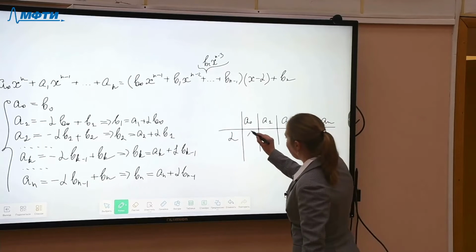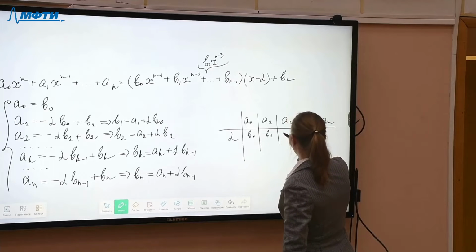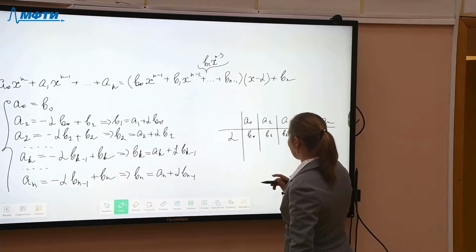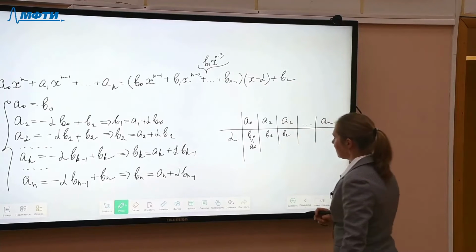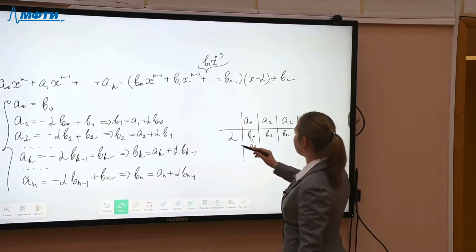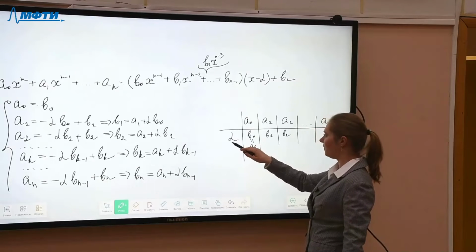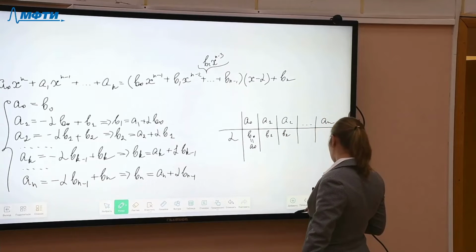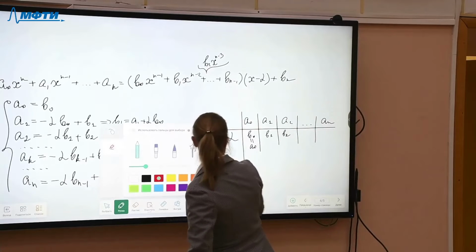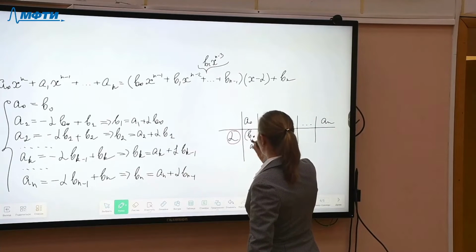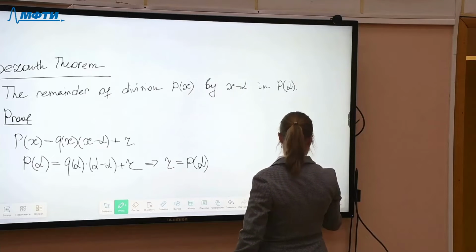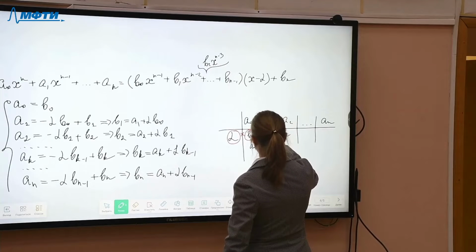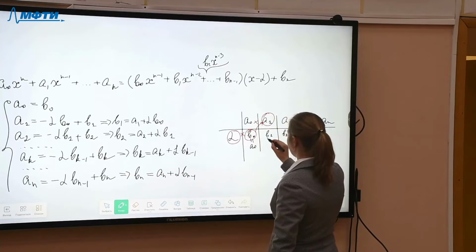Now we need to find all the coefficients of b. So here is b0, b1, b2, and so on. And what is b0? b0 is a0. To find b1, we need to multiply b0 by alpha, and then we need to add a1. So multiply this, and then we need to add this number.